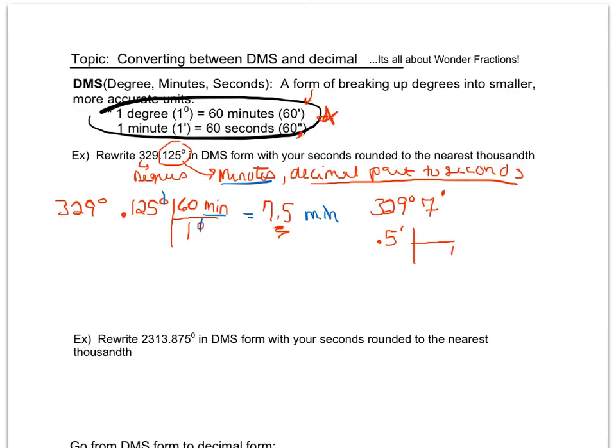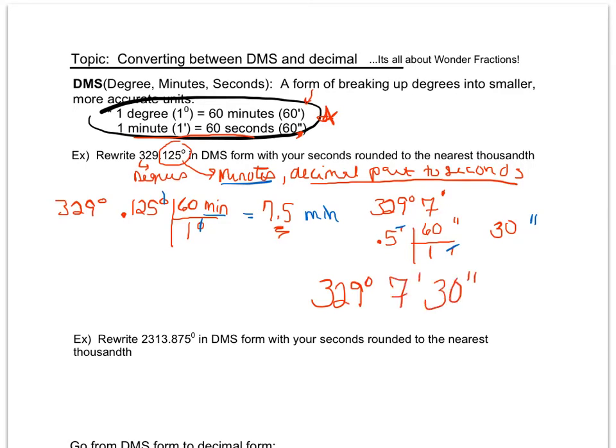I can write seconds out, or I can use that abbreviation there. And I see that minutes and seconds are related because there are 60 seconds in 1 minute. So now I do 0.5 times 60 because I can already see that my minutes will cancel and I'll be left with the seconds I want, and I get 30. So my final answer is going to be 329 degrees, 7 minutes, and 30 seconds.